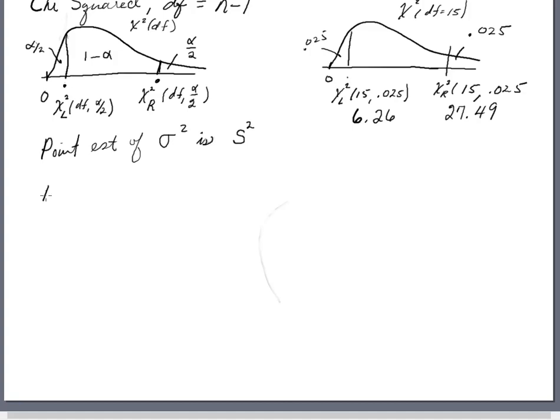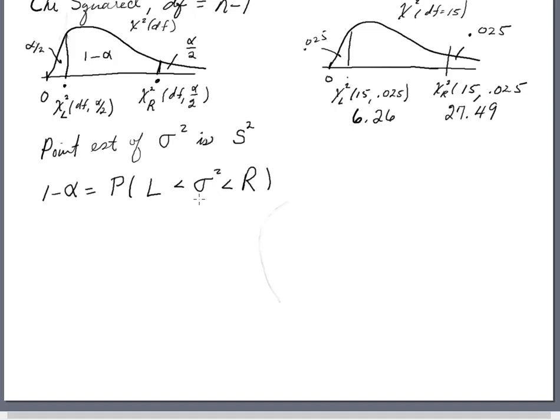So as before, if I want to have 1 minus alpha confidence, that's going to be equal to the probability that some to-be-determined left-hand endpoint is less than sigma squared is less than a right-hand endpoint.